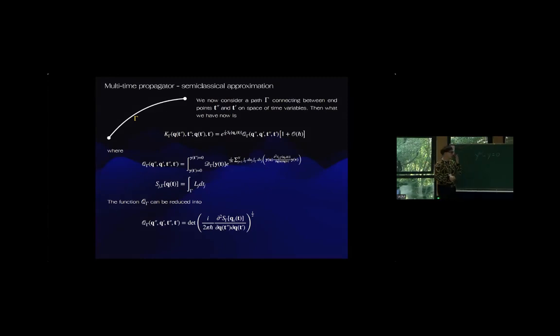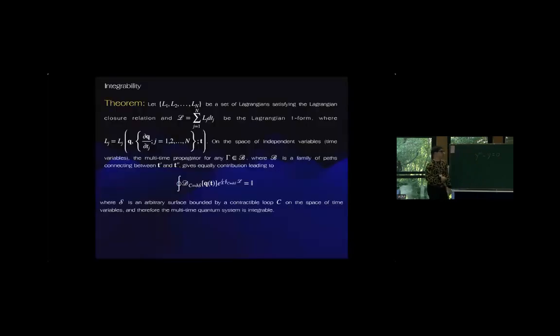All right. Okay, so now we're going to look at the condition for integrability. So we have a theorem here. Again, we say that if this set of Lagrangian one-forms satisfies the Cauchy relation, all right, then the propagator for this kind of loop has to be the identity, right?